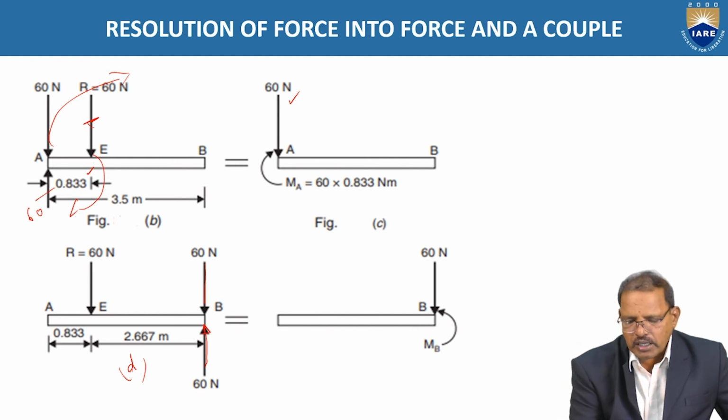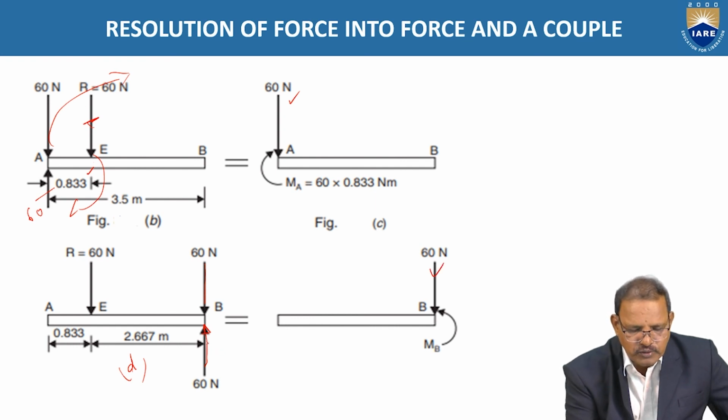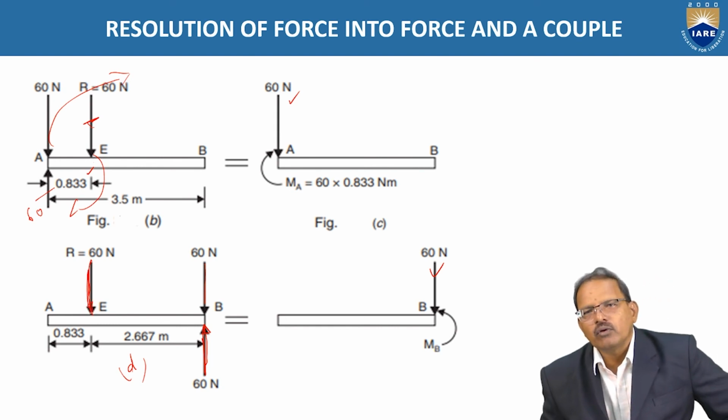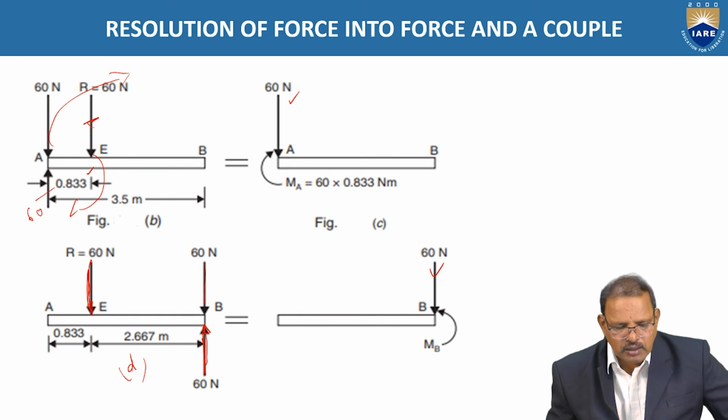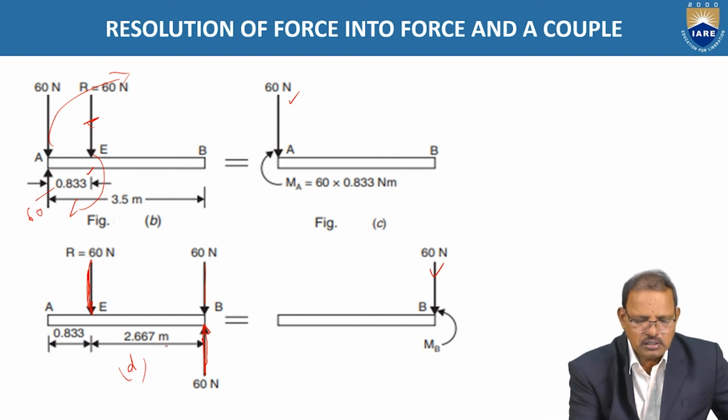Now, taking the single force at point B, the 60 newton upward force acting here and the downward force acting at position E are equal in magnitude and act in opposite directions. That is, they tend to rotate the body in the anti-clockwise direction.